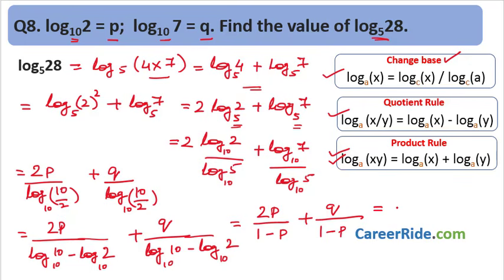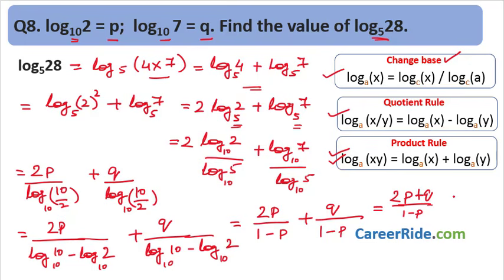So ultimately this expression comes out to be 2p plus q divided by 1 minus p. Looks a little lengthy, but not at all difficult if you know how to apply these log rules properly.